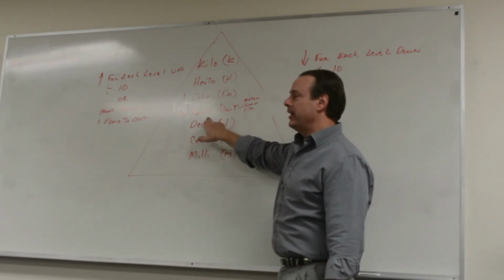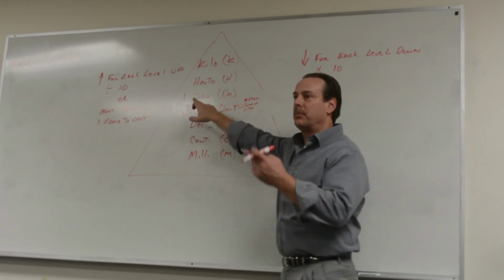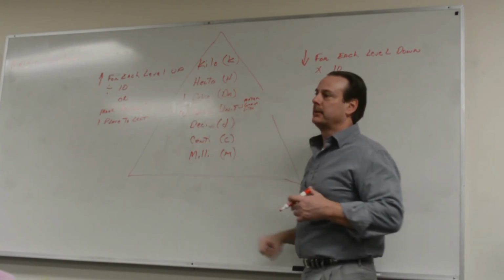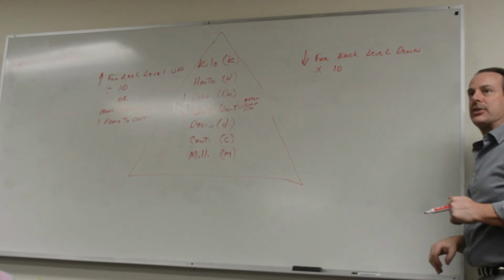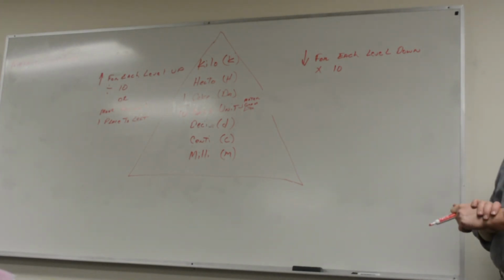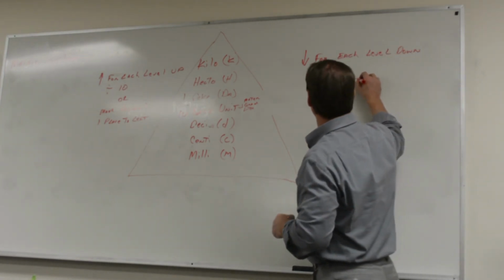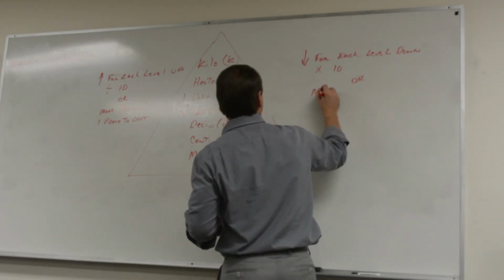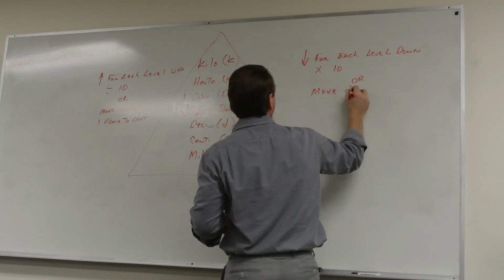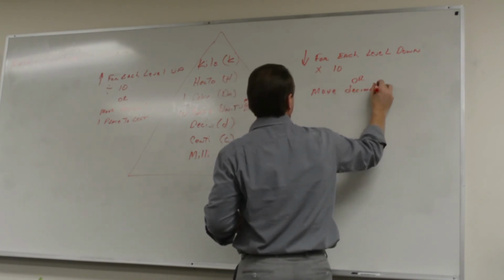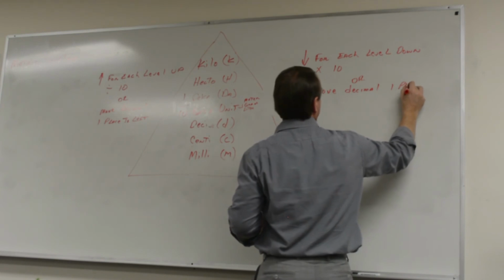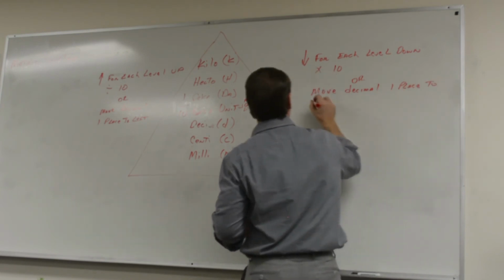Well, if 1 of these is 10 of these, if I'm converting from here to here, I got to multiply my number by 10. Does that seem logical? Okay. All right, but we've learned a little trick or two in math, or move decimal 1 place to right.